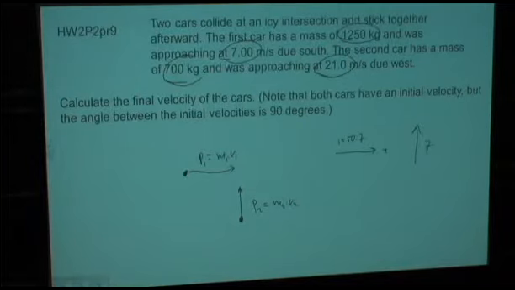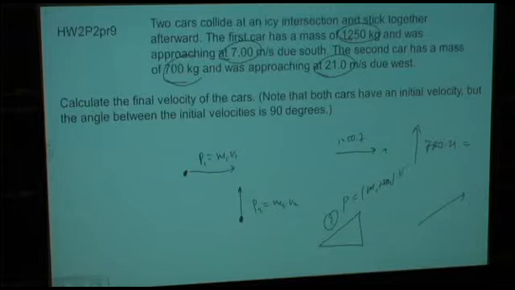That should be equal to the final momentum of the system after the collision, because they couple and travel together. And that gives us the right angle triangle. We just have to remember that's the momentum, not the velocity. And this has to be equal to the total mass of the system now times the new velocity of both. That's it.